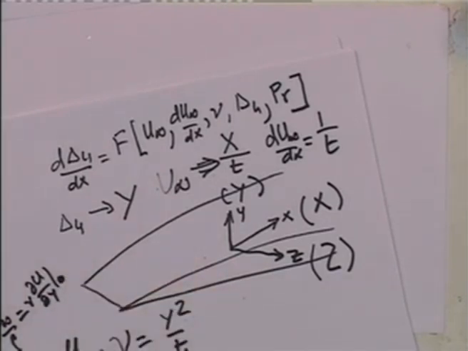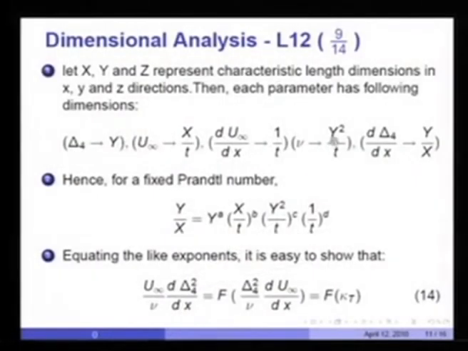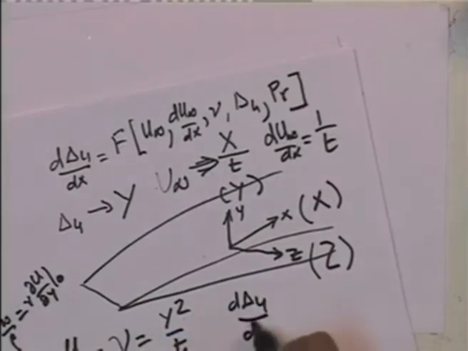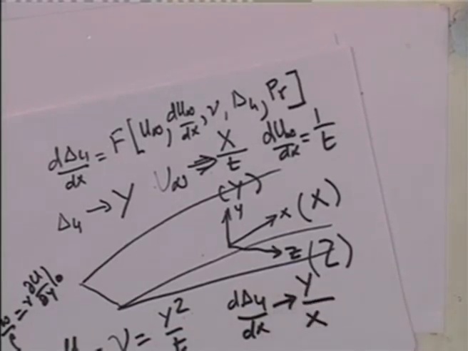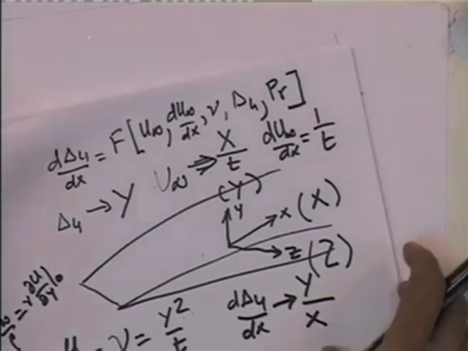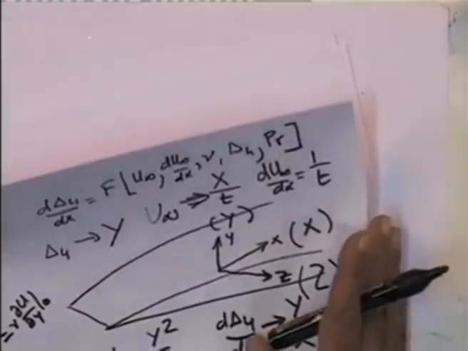The shear stress acts along the surface on an area y z, and therefore nu will have units of y squared by t. And then finally, d delta 4 by dx would be simply y divided by x.